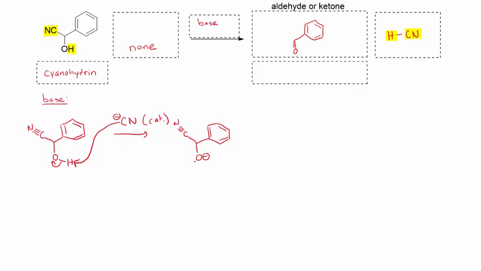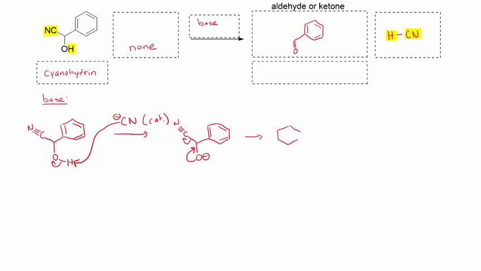This strong reactive site that we've generated, the alkoxide ion, is in the right position to now kick out a cyanide ion as a leaving group. Cyanide is a poor leaving group, but we have a strong reactive site available to kick it out.